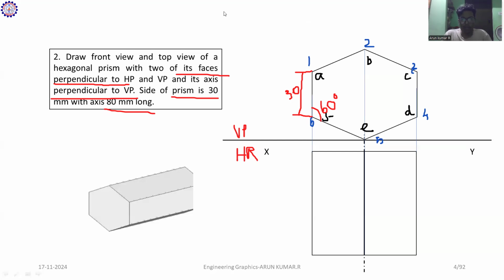Now we proceed to give names for this diagram. A, B, C, D represent the lower portion, and 1, 2, 3, 4, 5, 6 the upper side of the hexagon. These two shapes can overlap in this case, so I mention a dash for each corner for differentiation.